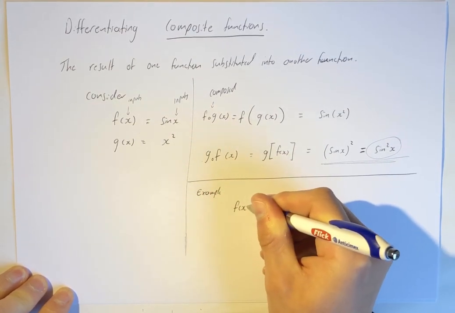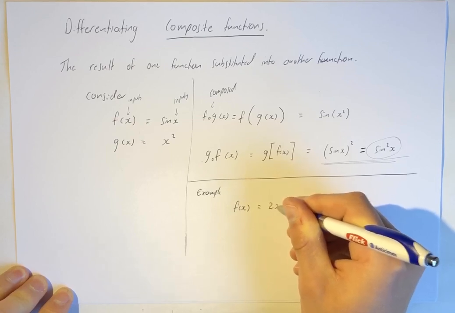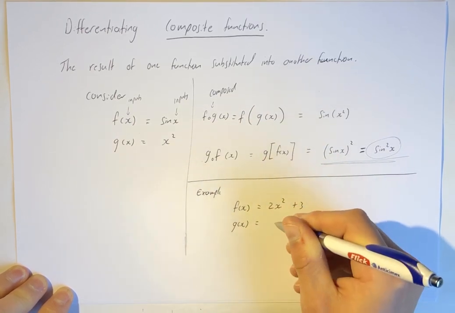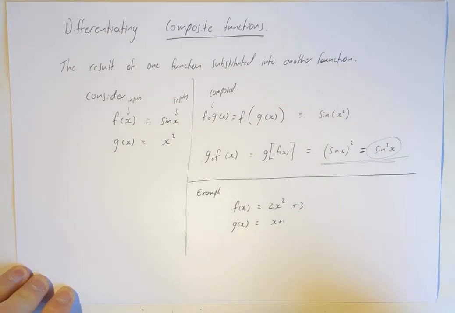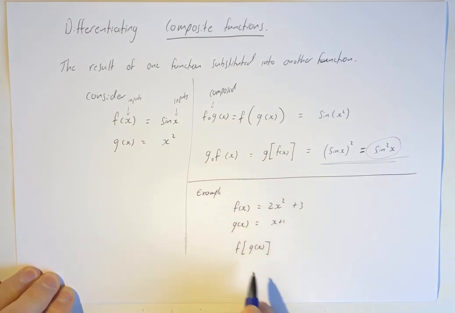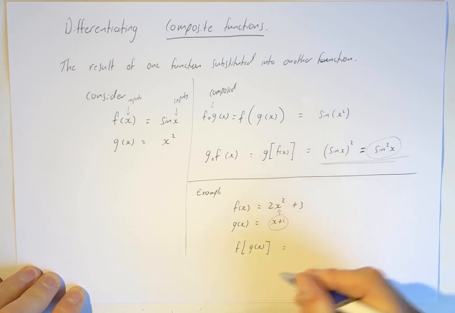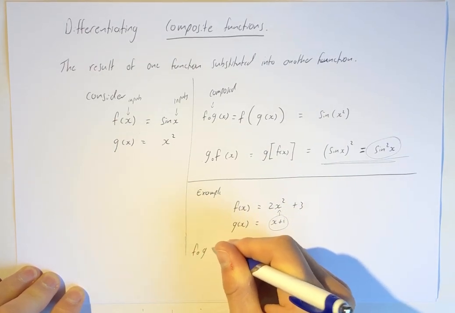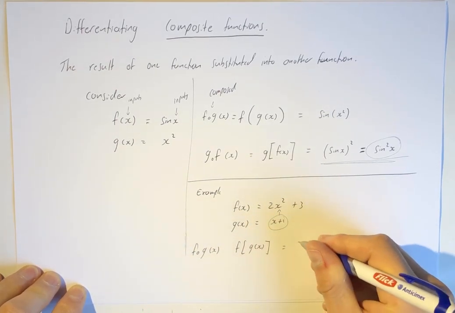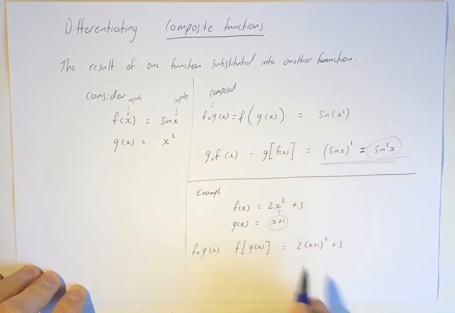Let's say f of x is 2x squared plus 3, and g of x is x plus 1. Then what is f of g of x? So we just take g of x, this thing, and we put it in to f of x, and that's f composed of g evaluated in the variable x. So we're putting that in for all x, well, that's just 2(x plus 1) squared plus 3.